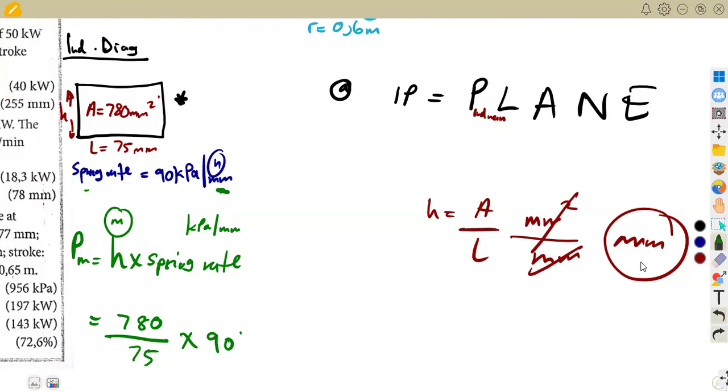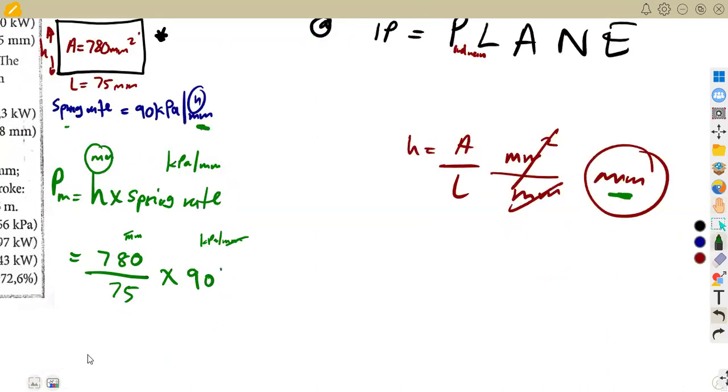The millimeters cancel, and we obtain our answer in kilopascal. So that was our pressure, the indicated mean effective pressure, approximately 936 kilopascal.